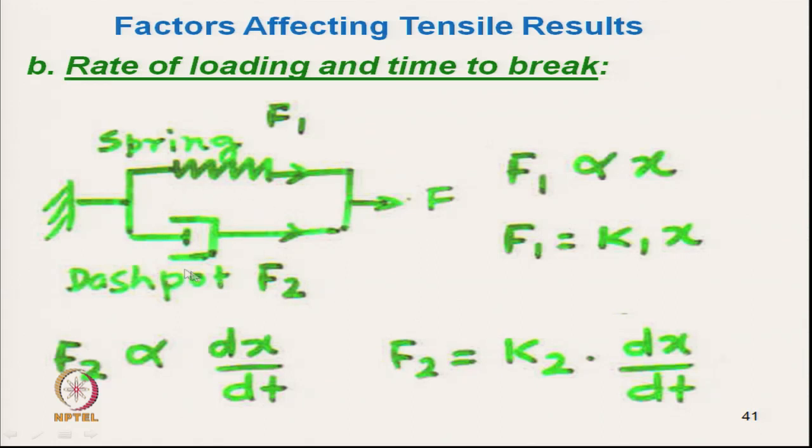If we apply force, it is divided into two components, F1 by the spring and F2 by the dashpot. F1 increases proportionally with the extension, but in the dashpot, F2 increases with the rate of extension.